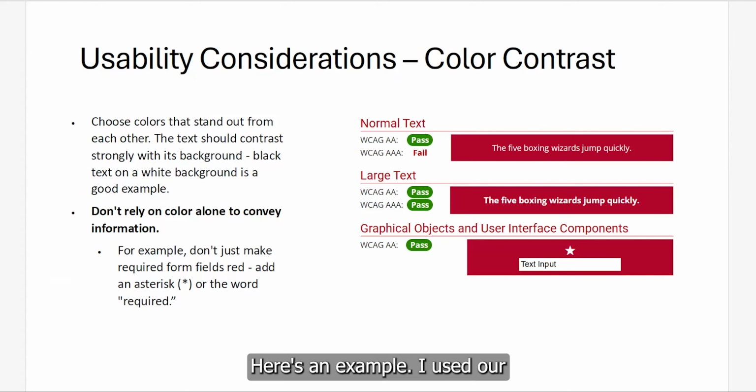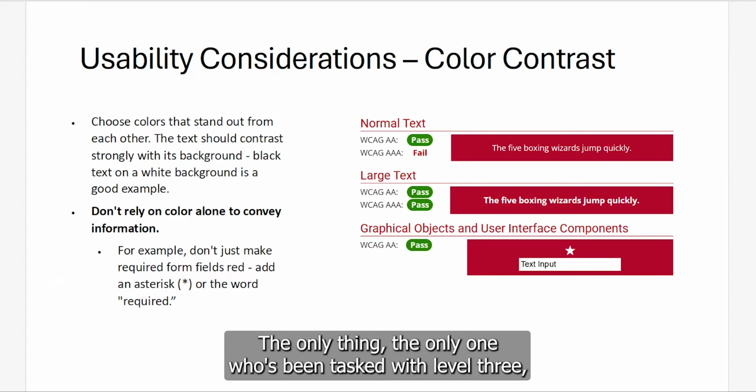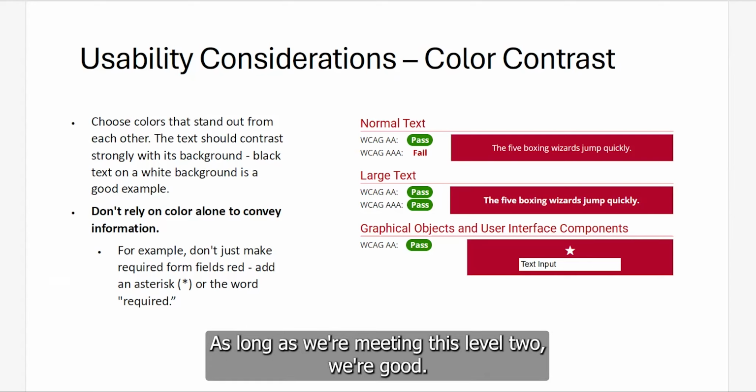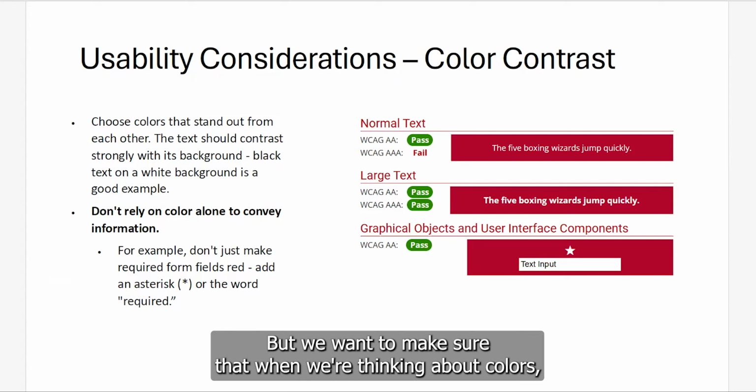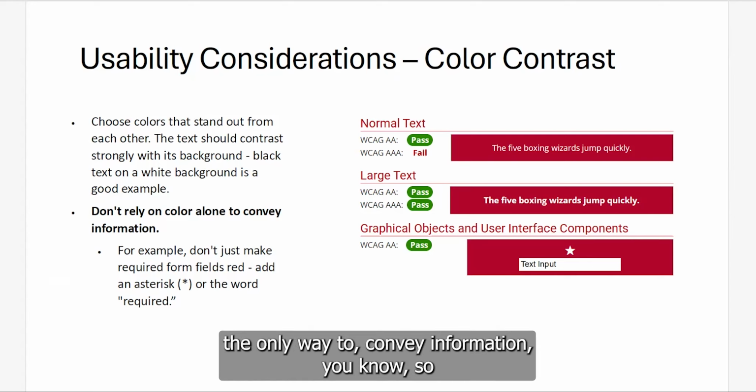Here's an example. I used our cherry red color to see if it's accessible or not. The only one it didn't pass was level 3. We don't have to worry about a level 3 as long as we're meeting this level 2. We're good. But we want to make sure that when we're thinking about colors, like I mentioned earlier, that we're not using it as the only way to convey information.